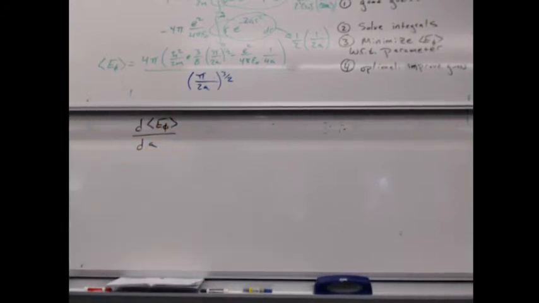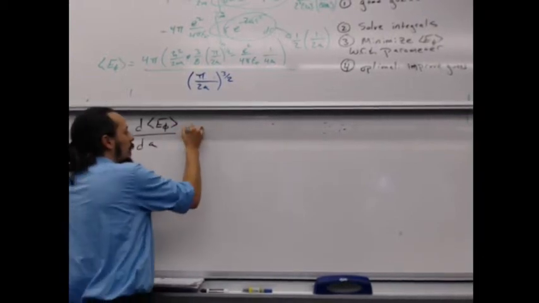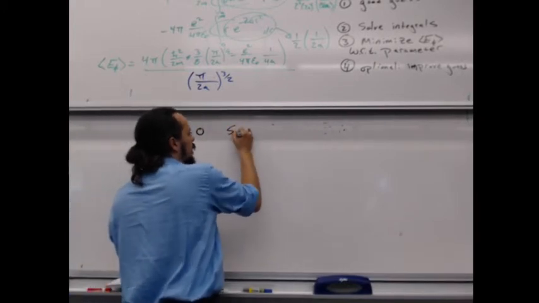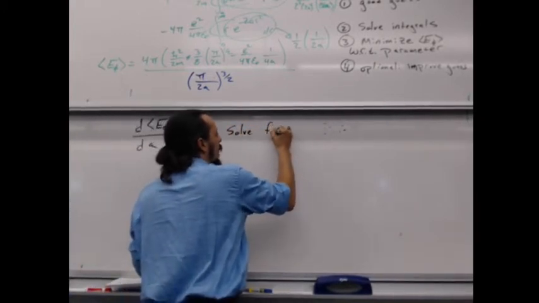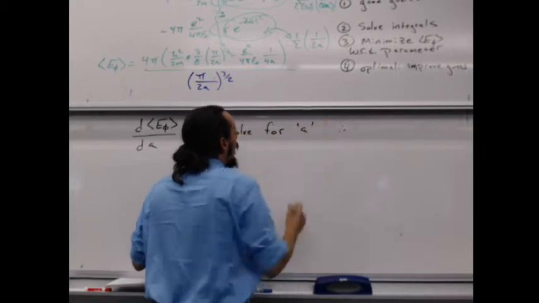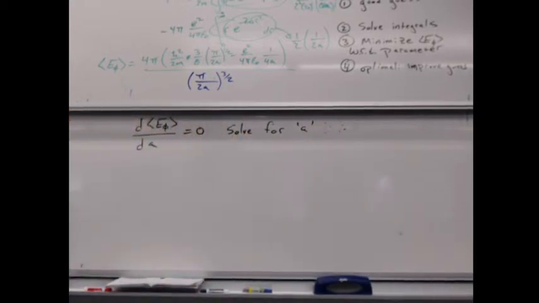We're going to take the derivative of that energy with respect to A, and then we're going to solve for whatever A value we end up with. This is going to give us our minimized energy.